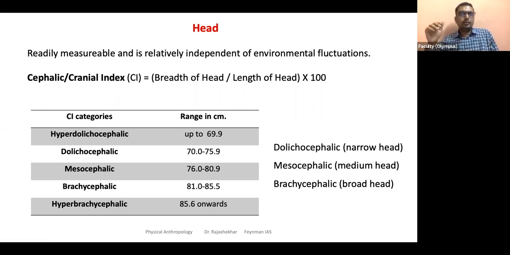As we briefly discussed in forensic anthropology, differentiating between genders uses skull size and skull shape. Similarly, races can also be differentiated based on what is called the cephalic or cranial index.